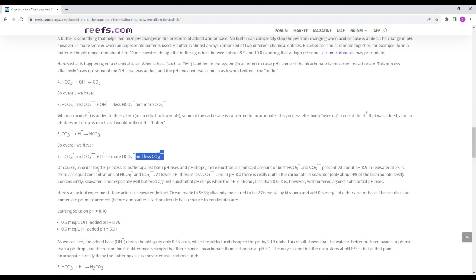Of course, in order for this process to buffer against both pH rises and pH drops, there must be a significant amount of both bicarbonate and carbonate present. At about pH 8.9 in seawater at 25 degrees Celsius, there are equal concentrations of bicarbonate and carbonate.